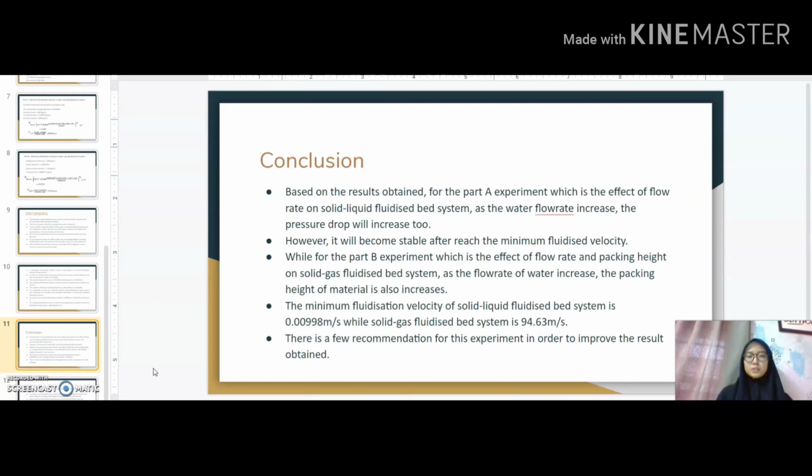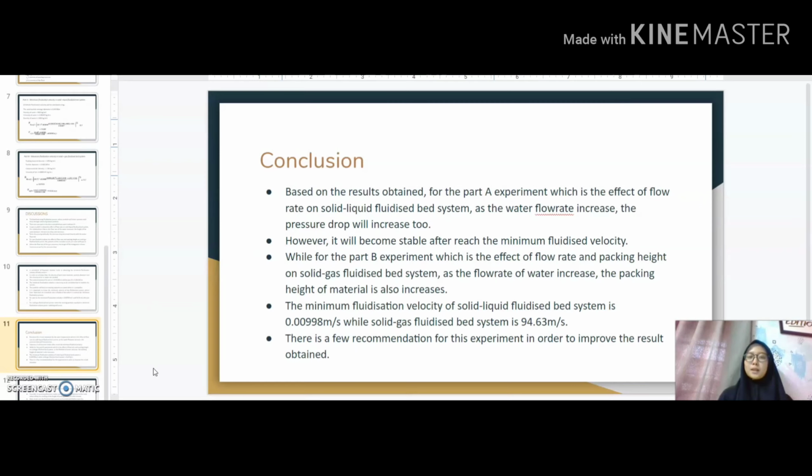In conclusion, based on the results obtained for the part A experiment, which is the effect of flow rate on the solid liquid fluidized bed system, as the water flow rate increases, the pressure drop will increase too. However, it will become stable after reaching the minimum fluidization velocity.